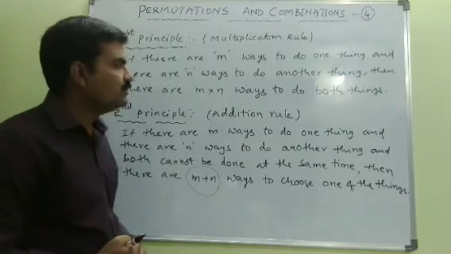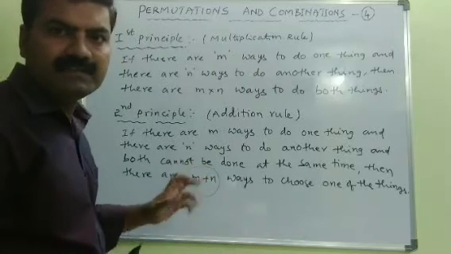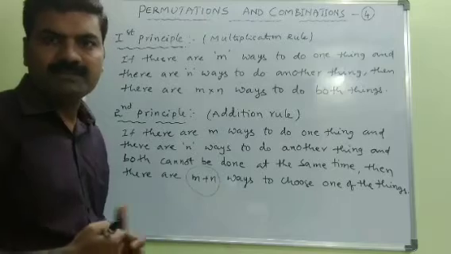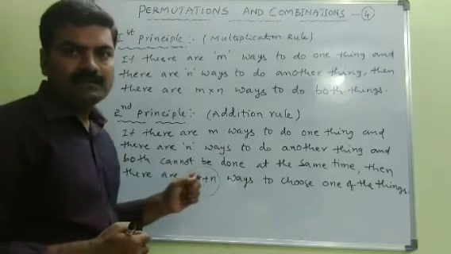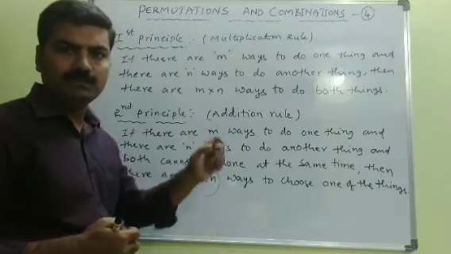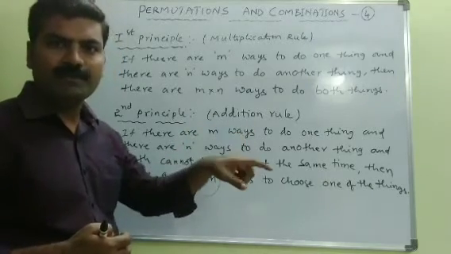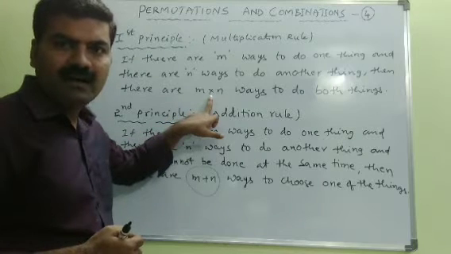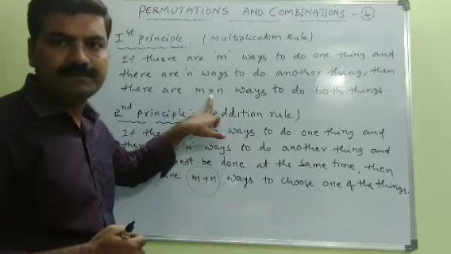Please concentrate. This is a very important concept to solve problems related to permutations. Whenever the situation demands doing both the things, both the operations, the number of ways is m into n.